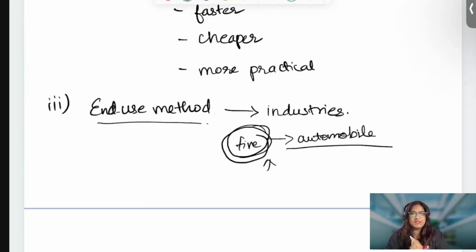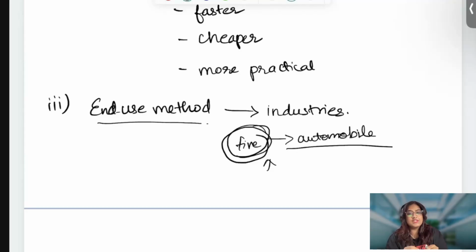So what are the three methods of survey method? Complete enumeration method, where you talk to every single potential buyer in the market. Here the disadvantages are that it is extremely expensive and very time consuming. Second type is the sample survey method. Here you will be surveying a sample of the population. The advantages are it is faster, cheaper, and more practical.